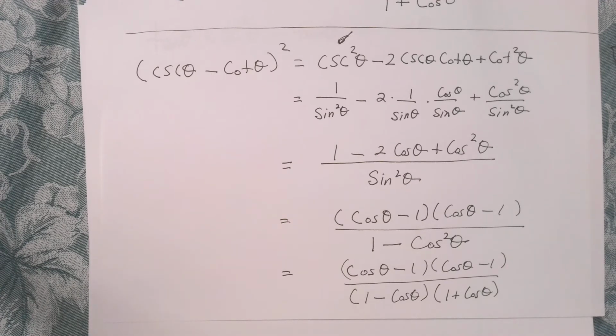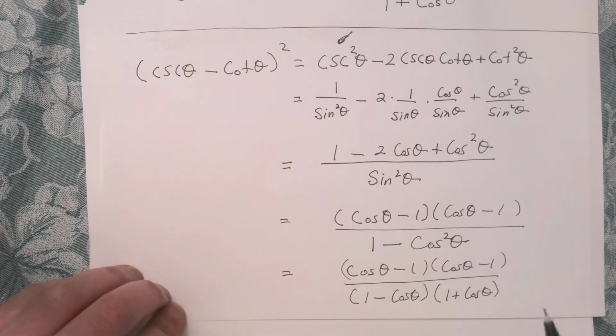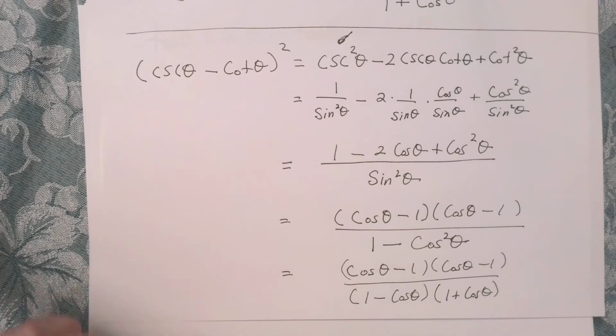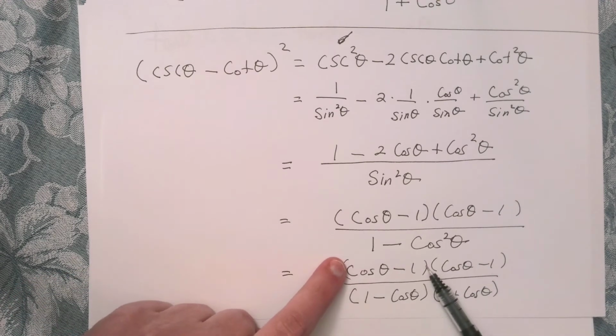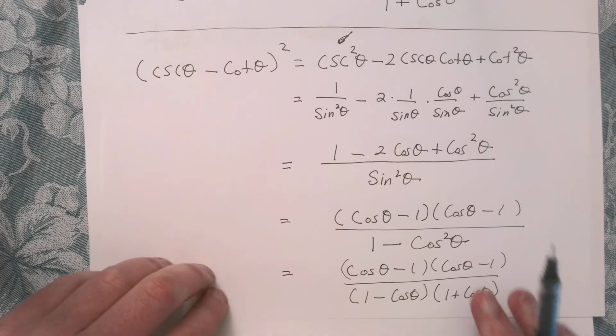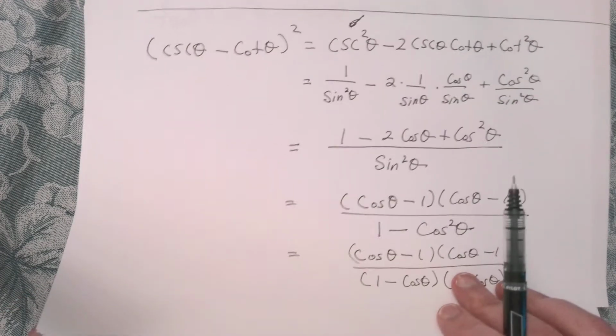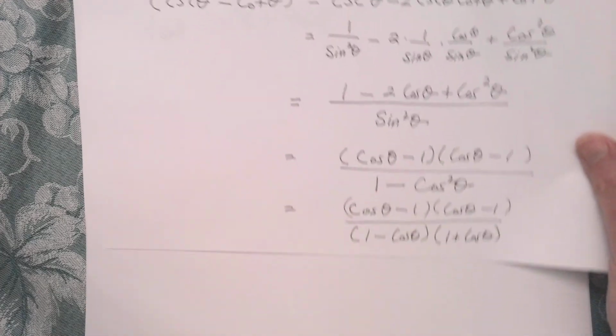Okay, and it looks like it might be tempting, I think, to cancel these, but they're sort of off by a factor of -1. So let's take one of these, perhaps this one. Let's factor out a -1 here. Grab a piece of paper. Like I said, we're doing this live.